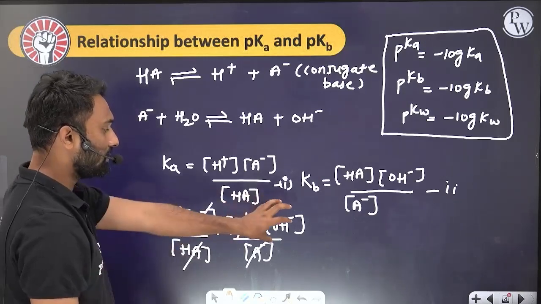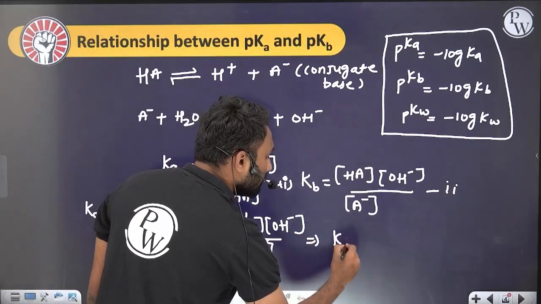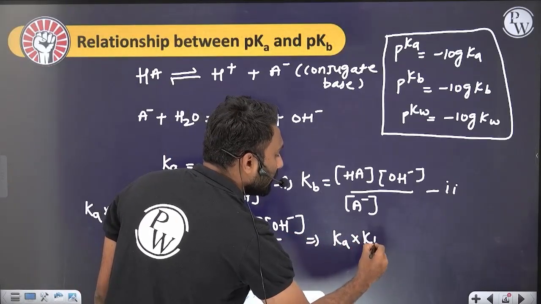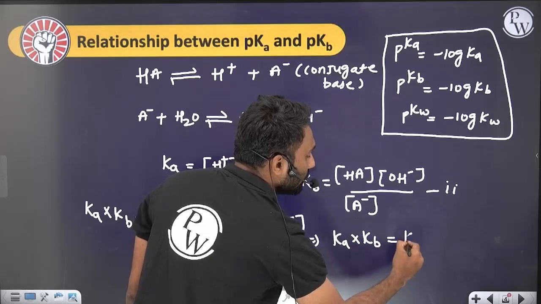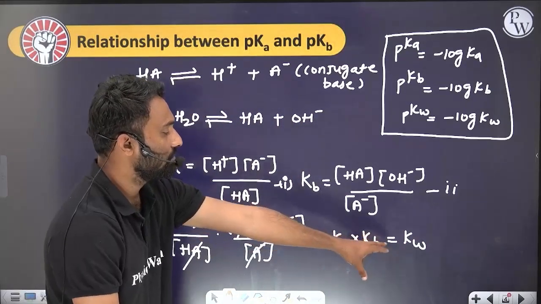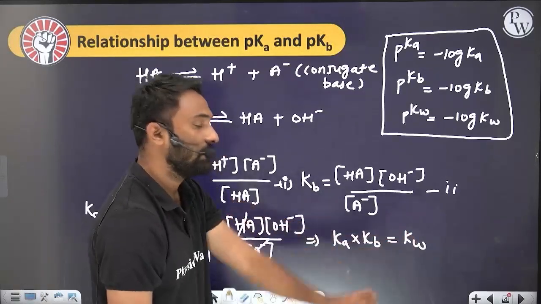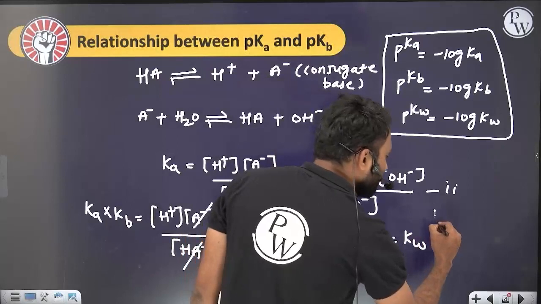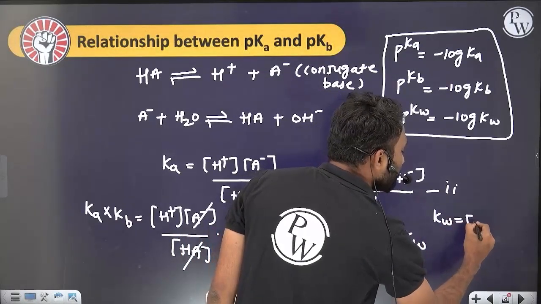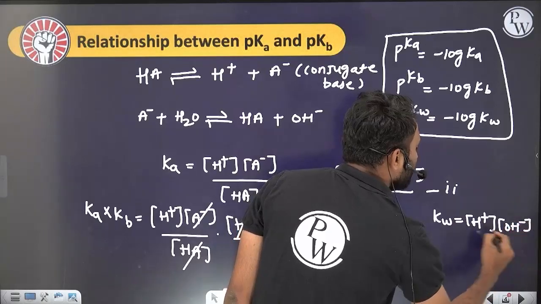Concentration of H plus and concentration of OH minus will be equal to Ka into Kb, which is equal to Kw. Ka into Kb is equal to Kw. What is Kw? Kw is equal to concentration of H plus and concentration of OH minus at 25 degrees.